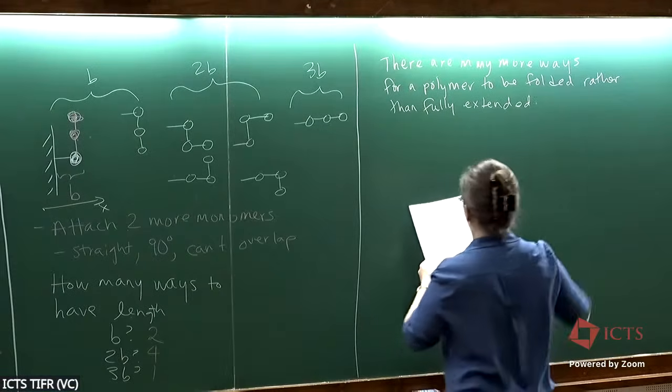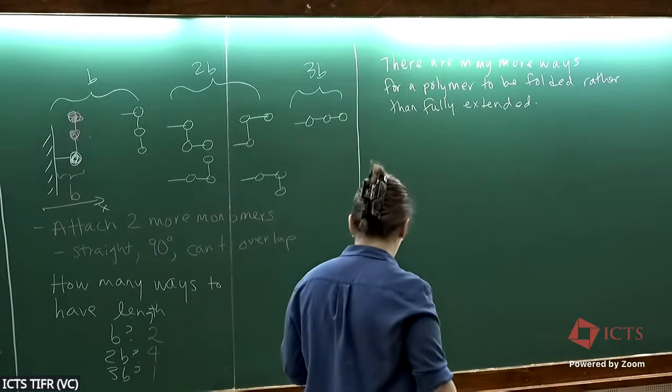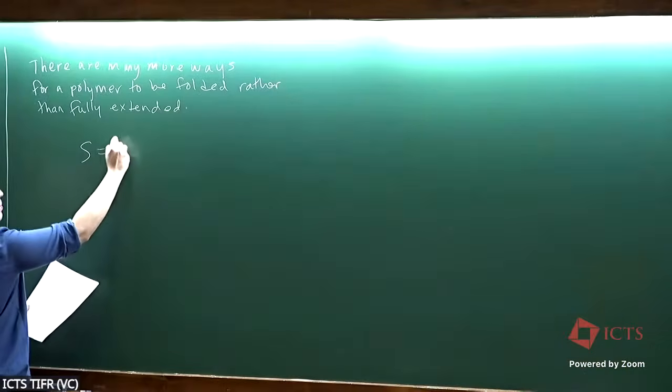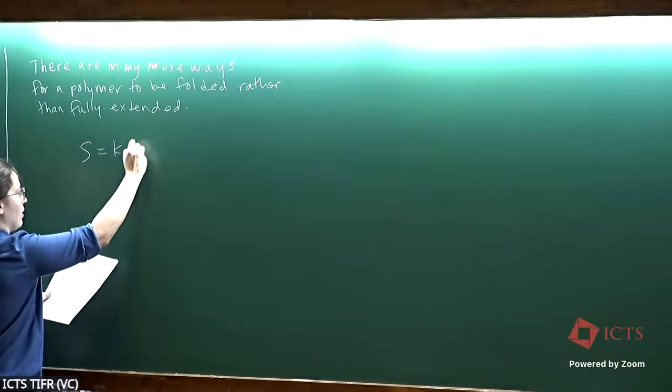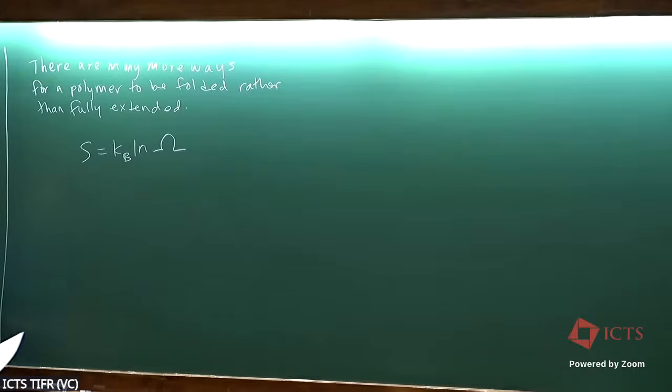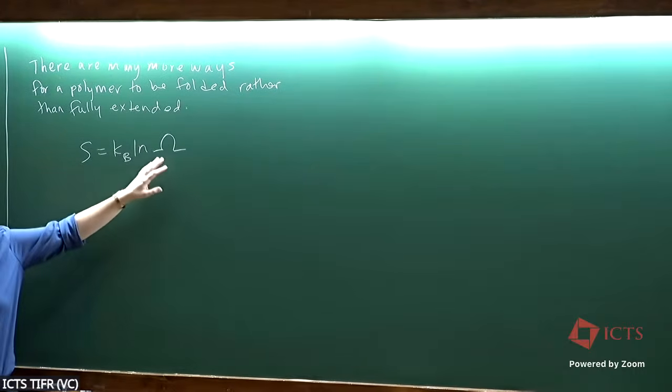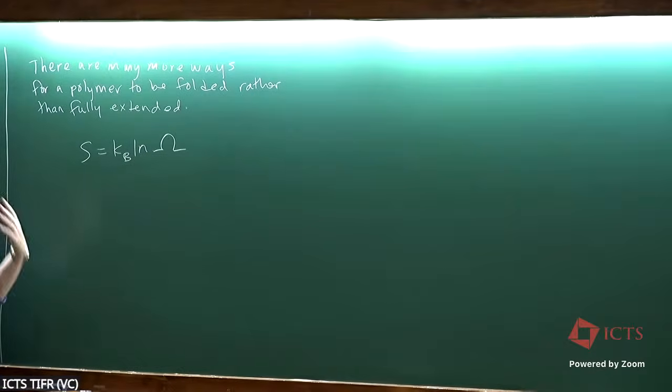And so if we're thinking about this in terms of entropy, we can define the entropy of a certain state as related to the log of the number of microscopic configurations consistent with that macroscopic state that we're interested in. So for this definition, the entropy of state length 2B would have 4 microstates that correspond to it.